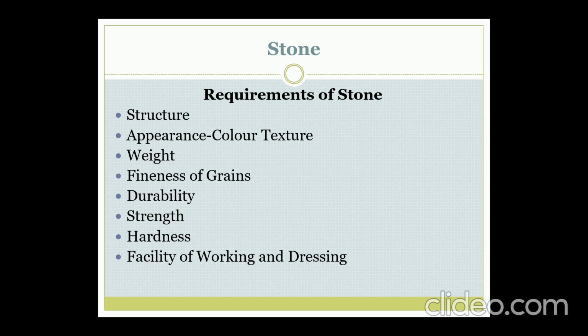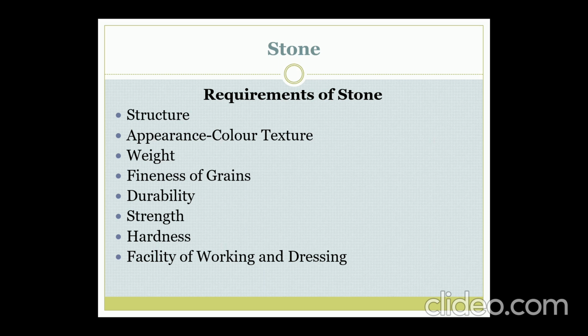Its weight: the lighter the stone is in weight, the less strength it will have. Then fineness of the grains: the finer the grains, the larger the strength. Durability: how long it can resist the weight and the physical weathering of the atmosphere.